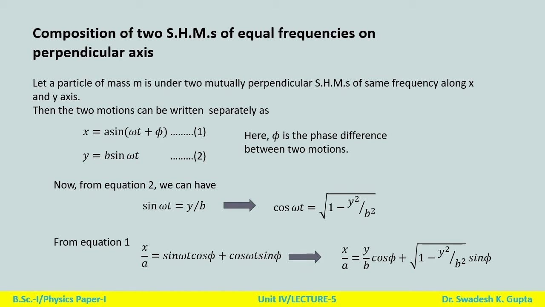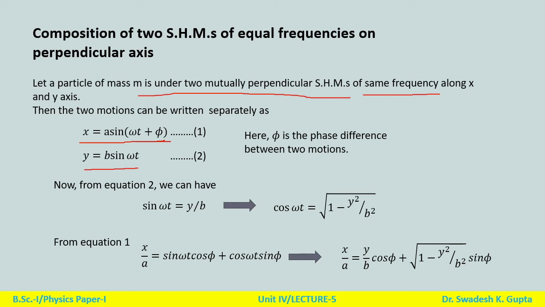If a particle of mass m is under two mutually perpendicular SHMs of the same frequency along the x and y axis, then the two motions can be written as here. Here A is the amplitude of one SHM, B is the amplitude of the other SHM, frequency omega is the same, and phi is the phase difference between the two SHMs.